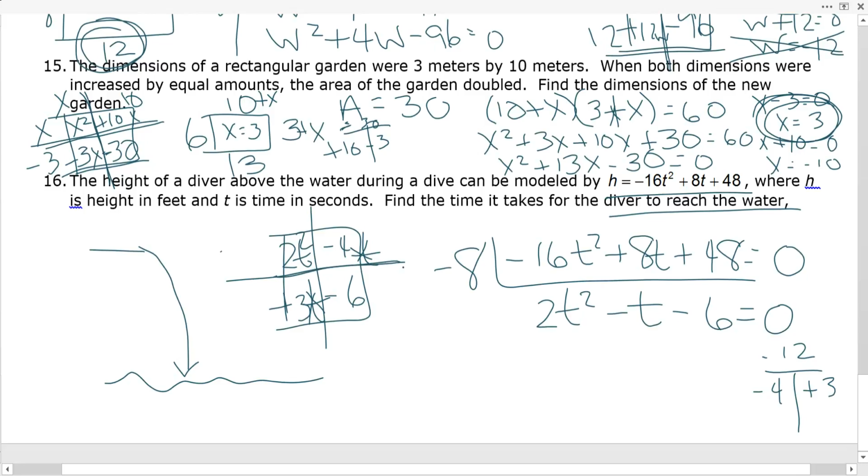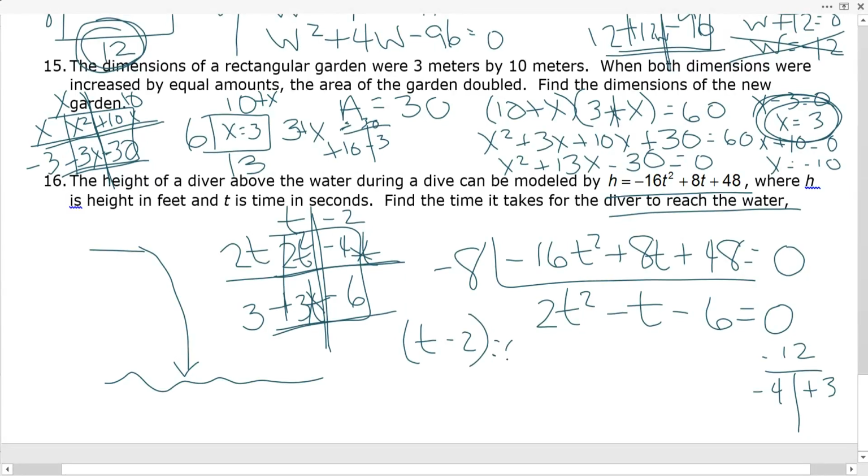Greatest common factor on top is 2t. Greatest common factor on the bottom row is 3. Greatest common factor on the left column is t. Greatest common factor on the right column is negative 2. So I have t minus 2.